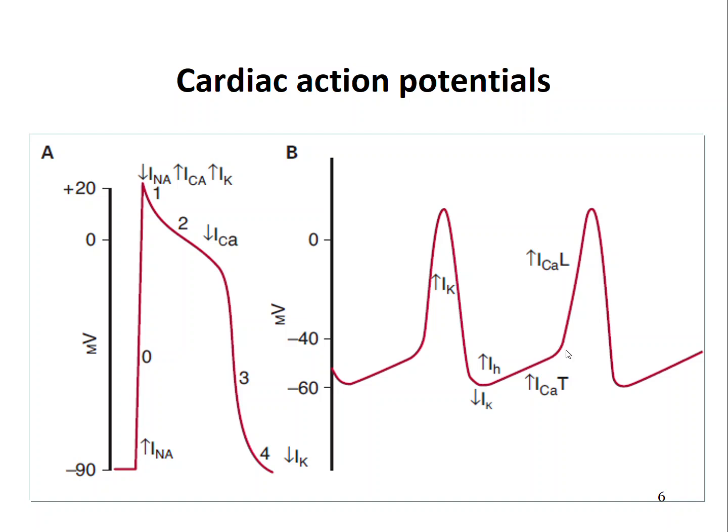Then the cell will reach the threshold, and another kind of calcium channel, the voltage gated L-type calcium channel, will open. It is the cause of this depolarization phase. Then it will become inactive, and the delayed voltage gated potassium channel will bring the cell membrane potential all the way back to the resting level.